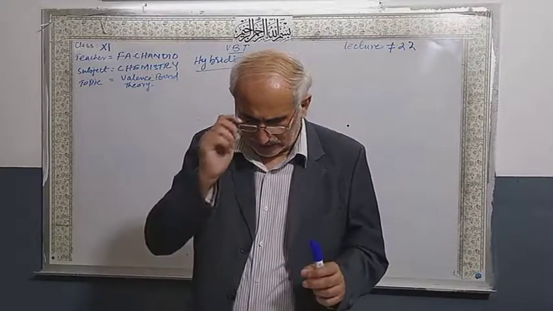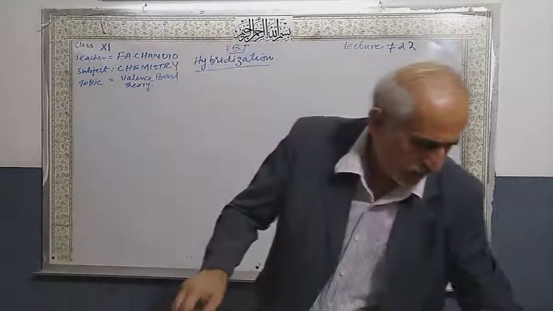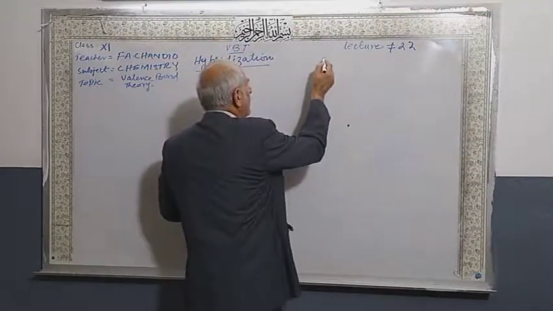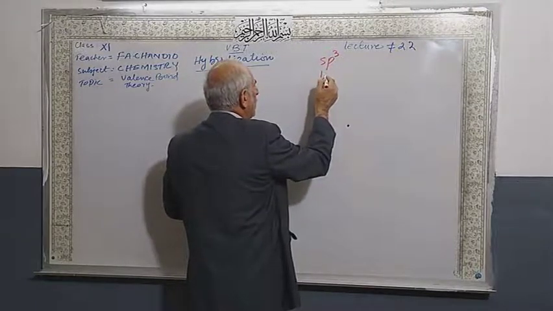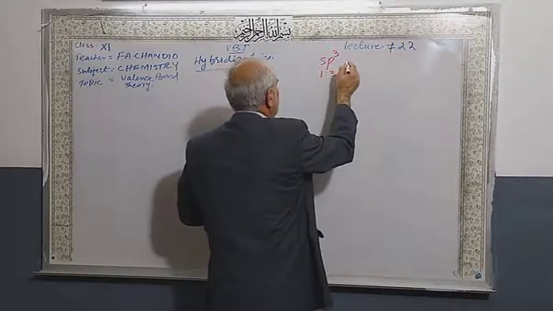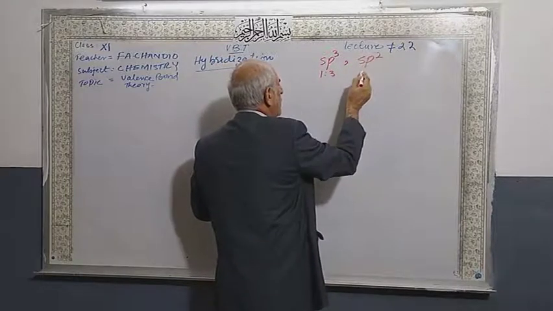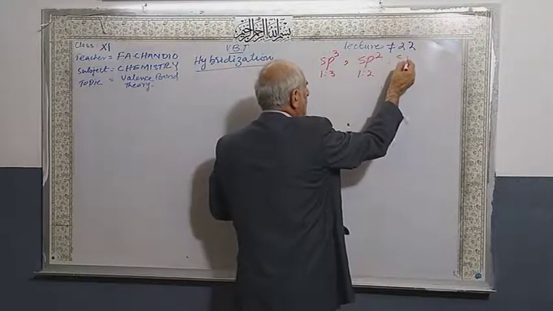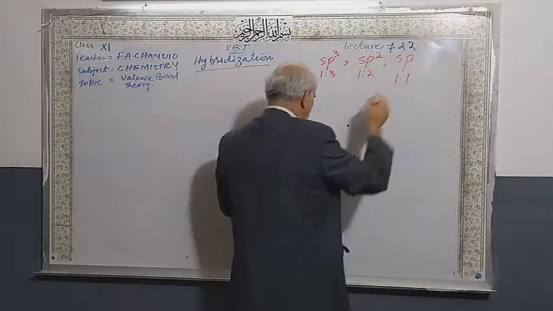Now students, here we will talk about three kinds of hybridization. Number one is sp3 hybridization, 1:3. Second, sp2 hybridization, 1:2. And third is sp hybridization, the ratio is 1:1.